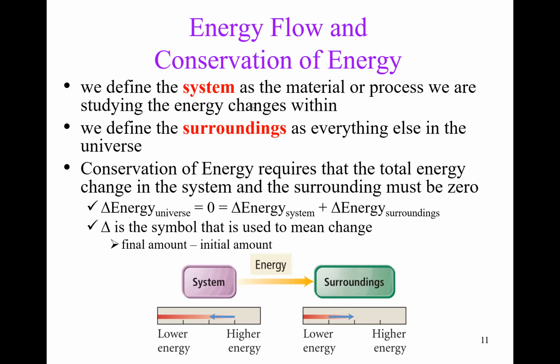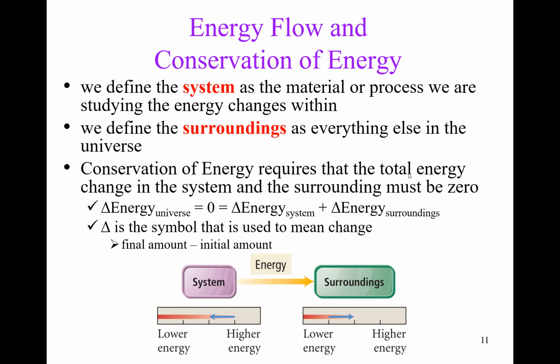We're still kind of in the introduction here, as though it could be a physics class: the material or process we are studying for that energy change. The surroundings is everything else, the entire universe except our system. And in here, our system is going to be the chemical reaction. It names it rather generically here, but we'll see it's going to be reactants to products coming up.